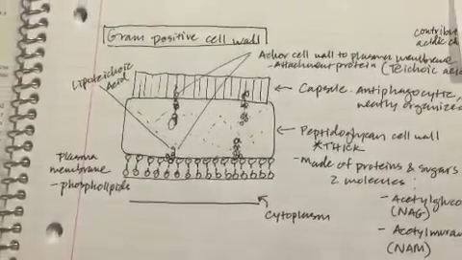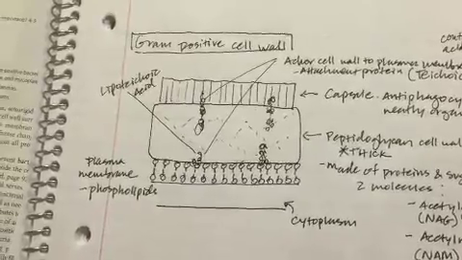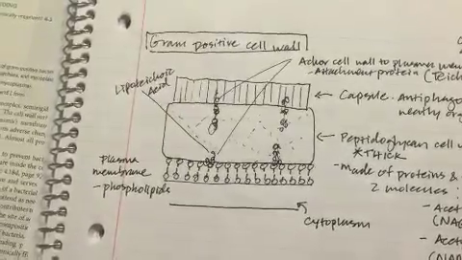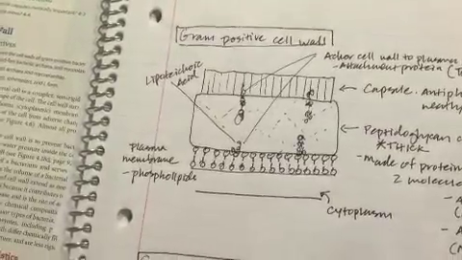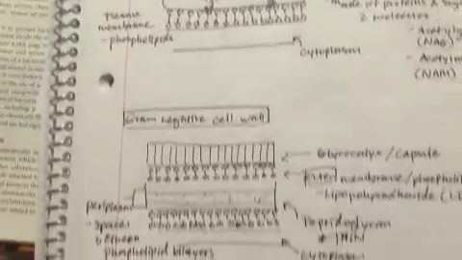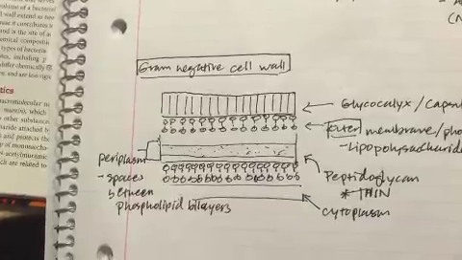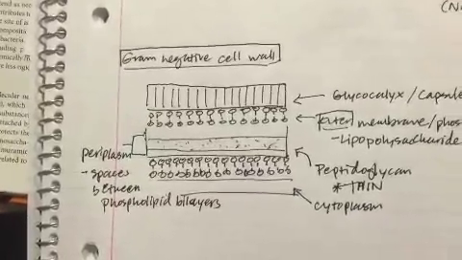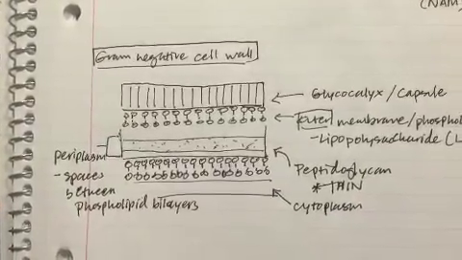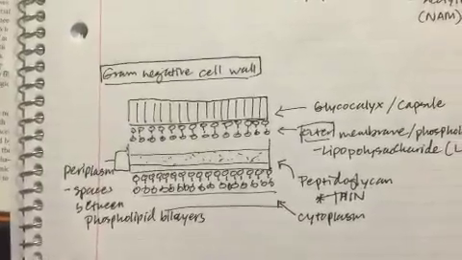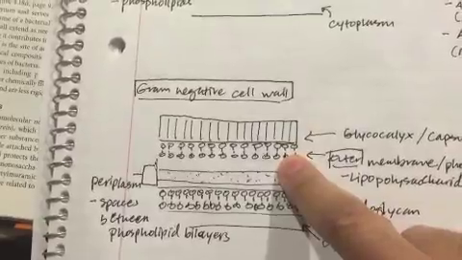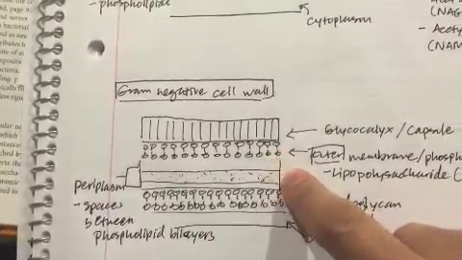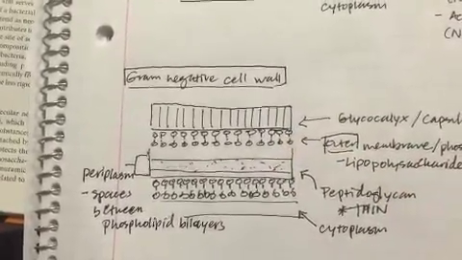In gram-negative, there is a cell wall, but it's thinner. The peptidoglycan layer is thinner. There's also a second membrane. So the gram-negative cell is not going to be as affected by penicillin.